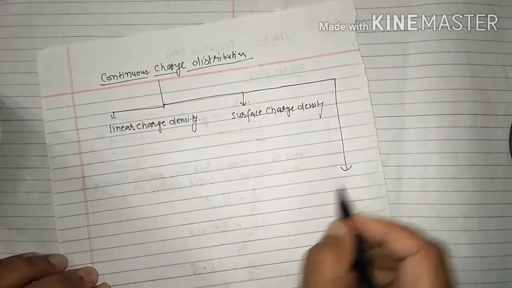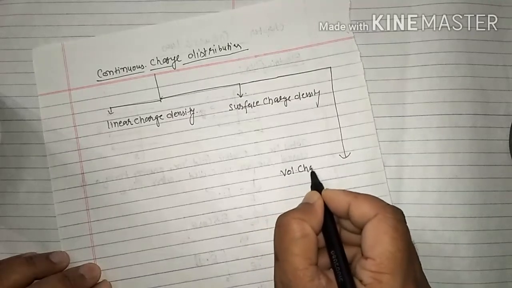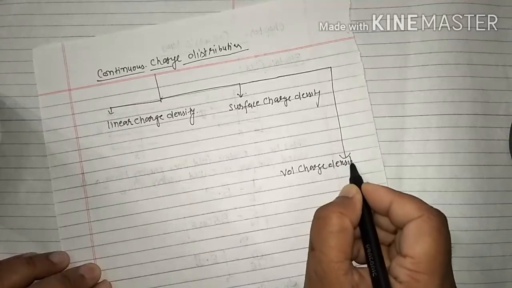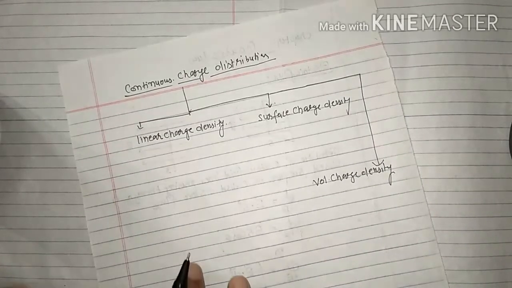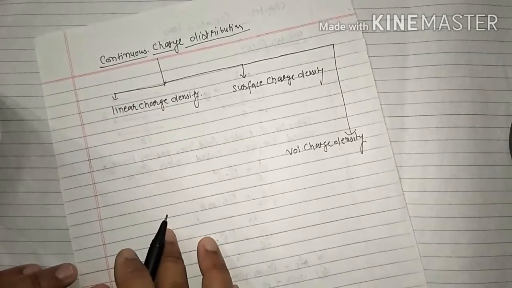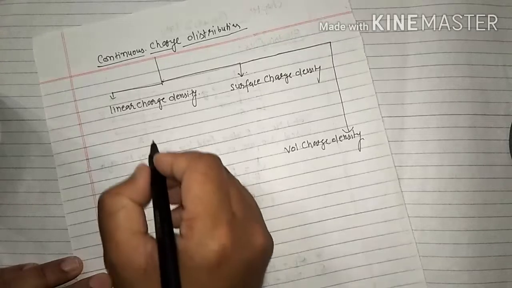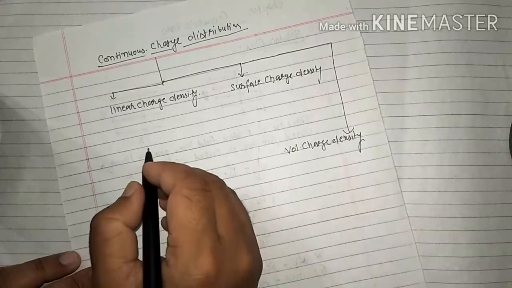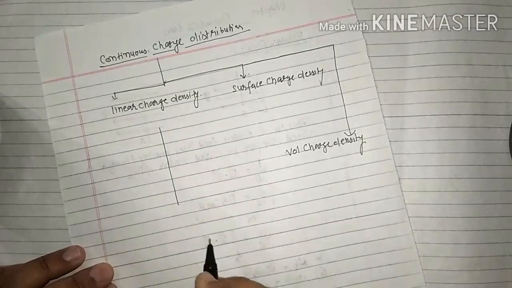And last one, volume charge density. So let me explain the first one. What is the meaning of linear charge density? Suppose the charge is distributed uniformly along a line, straight or curved. Then the charge distribution is known as linear charge density.